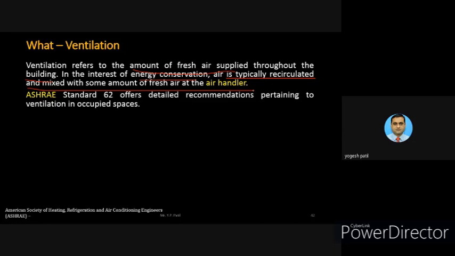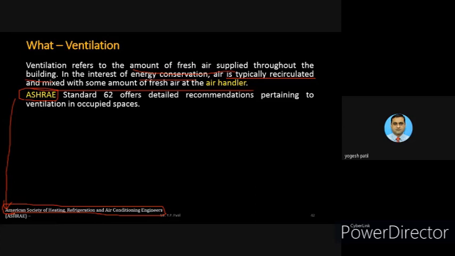ASHRAE is a standard. The full form is American Society of Heating, Refrigeration and Air Conditioning Engineers. This is the society that looks over the standards for building automation.